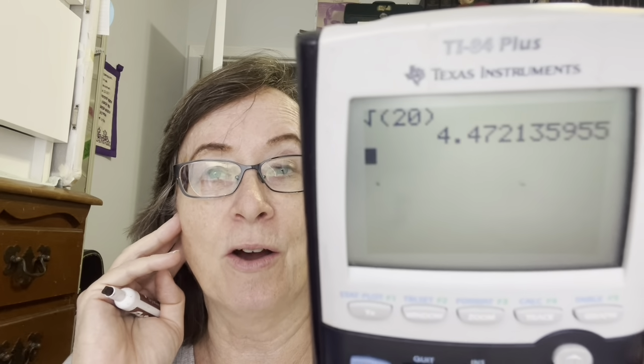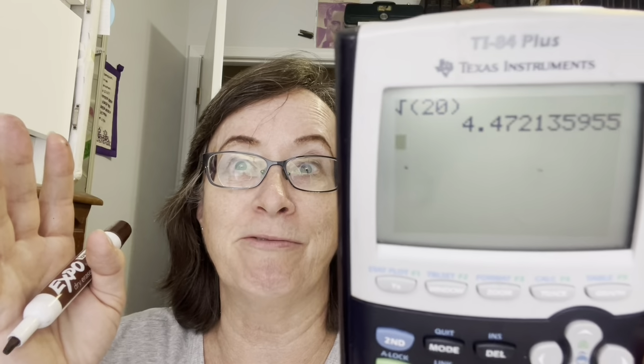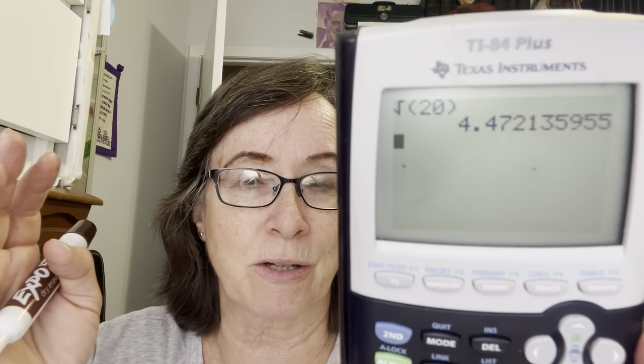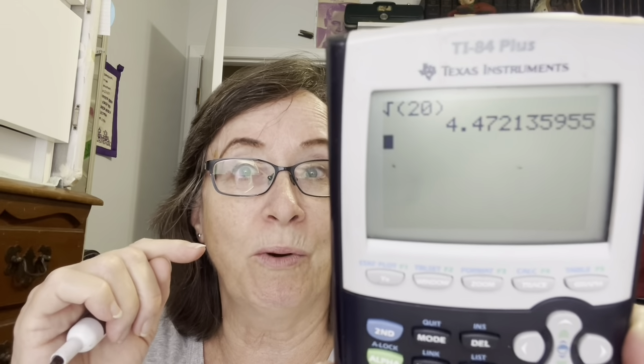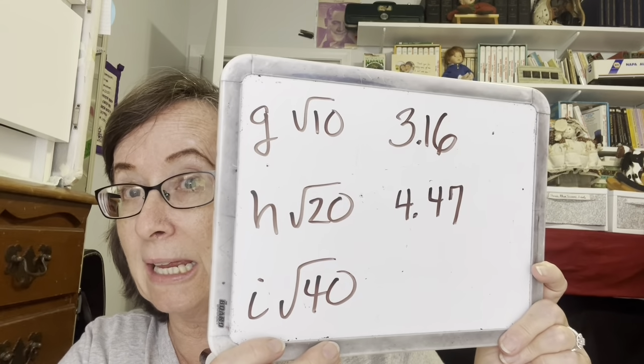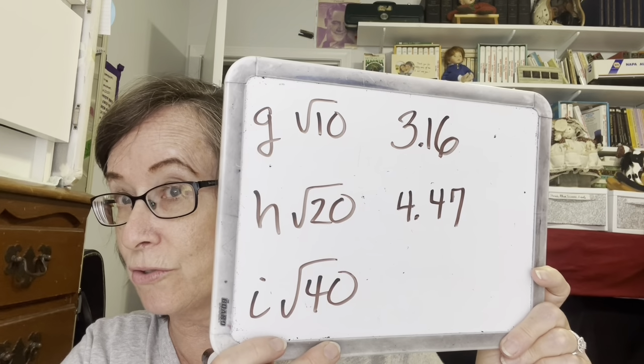Okay, so since 25 is 5 squared and 16 is 4 squared, the square root of 20 is right in between 4 and 5. And it looks like it's 4.472. Since it's a 2 after the 7, it's going to be 4.47. Okay, now remember, when we write these, we are rounding.